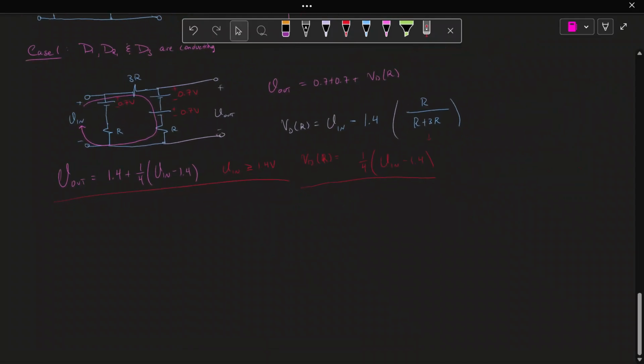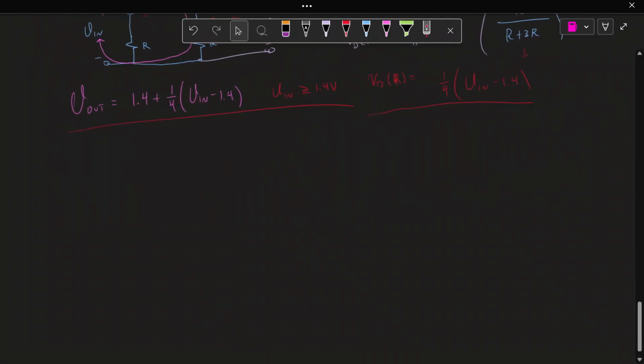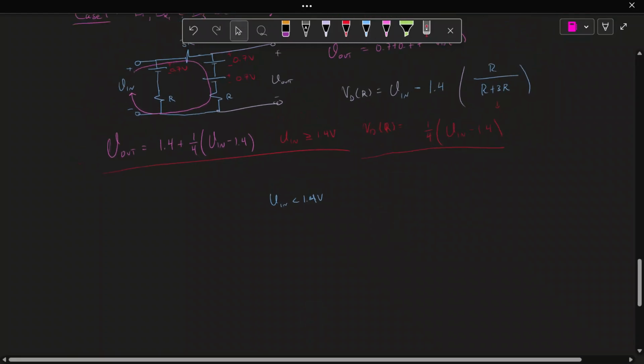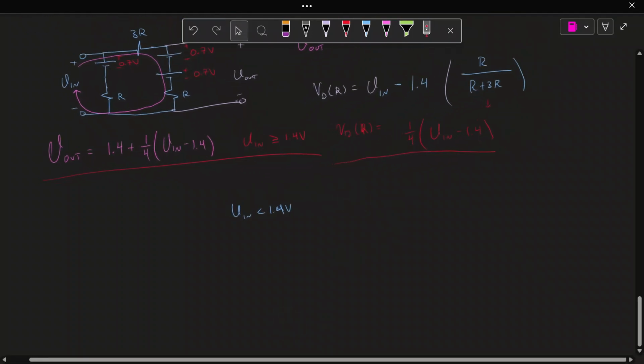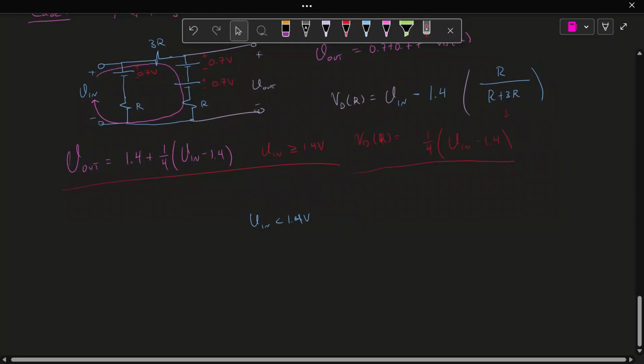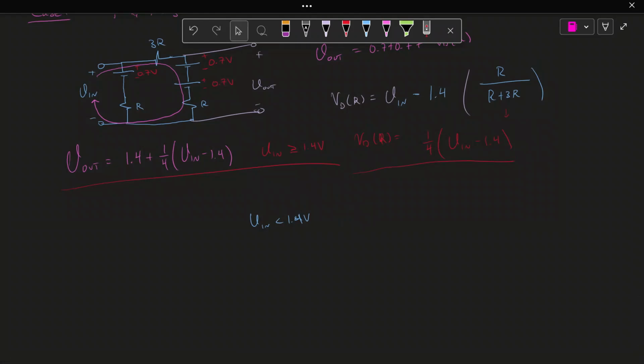Now, what if V in is less than 1.4? So let's say now V in is less than 1.4 volts. You might notice the diodes don't have enough voltage supplied to turn both of them on. Only one diode will be turned on.